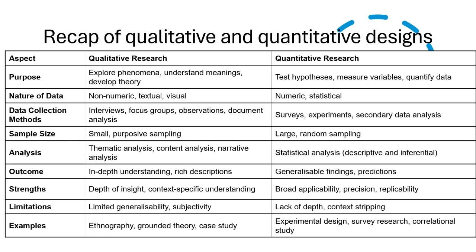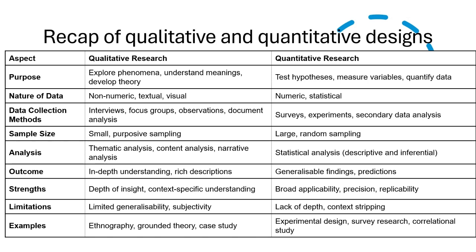With quantitative research, we typically have large samples, and we often use, for instance, random sampling. When we analyze qualitative research, it's often thematic, content analysis, narrative analysis, whereas in quantitative research, we're working with numbers and therefore usually statistical analysis, which is either descriptive or inferential.